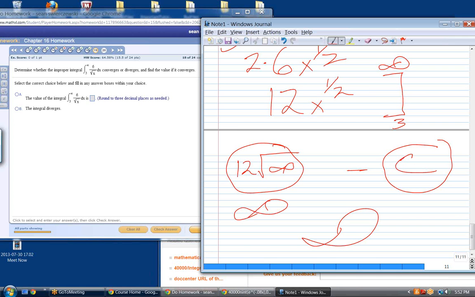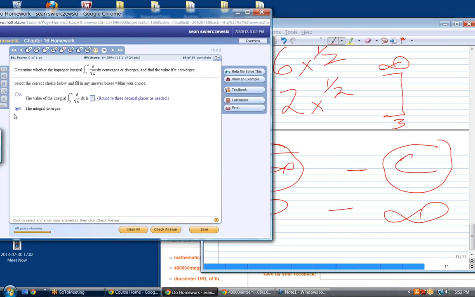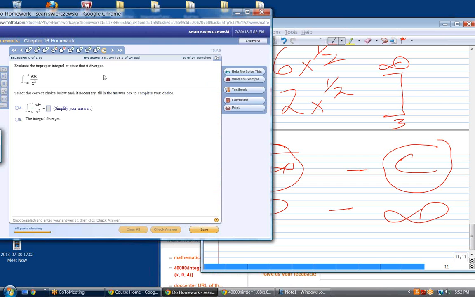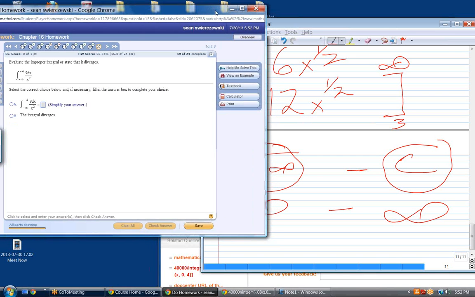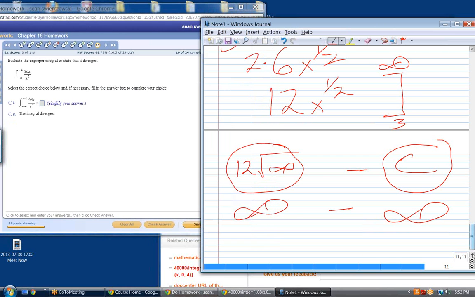The only time it's a problem is if this was also infinity. In other words, if I get infinity minus infinity, then I don't know what that is. But if I get infinity minus a number, that's infinity. So it diverges. Good. An easy one.